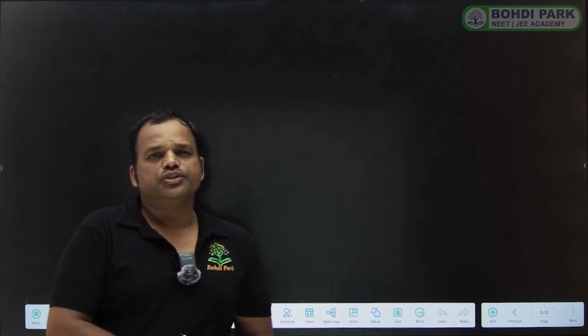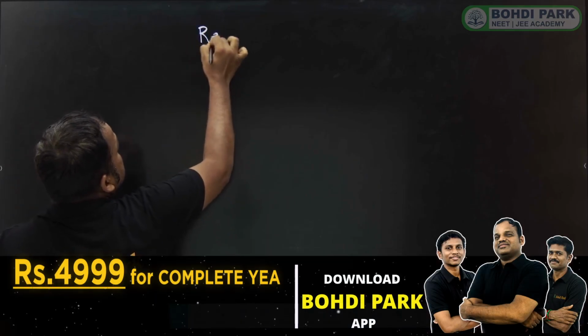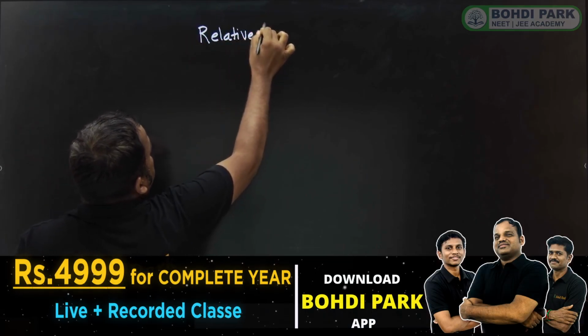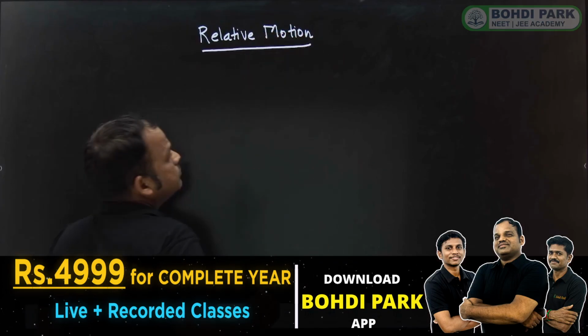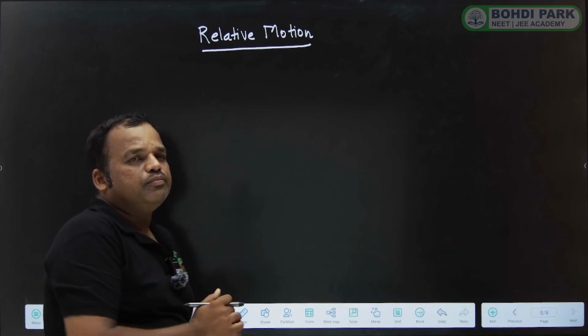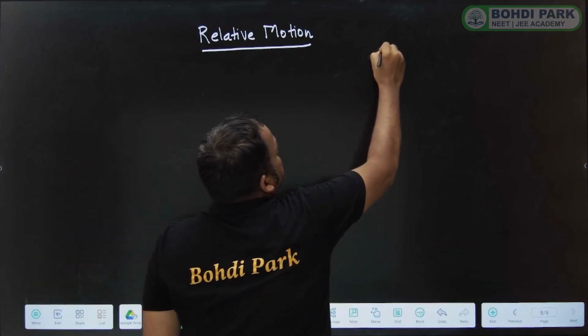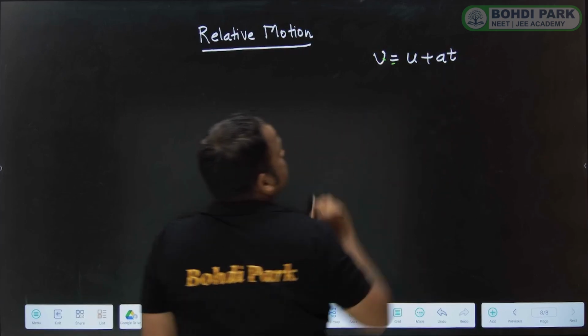Let's use one more short trick in relative motion. We have an equation of motion v is equal to u plus at.